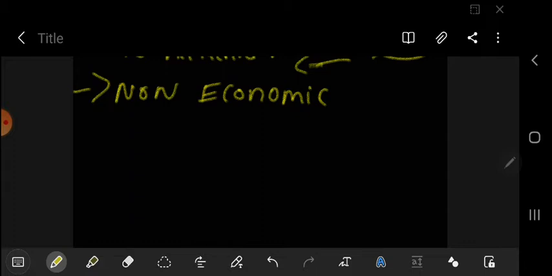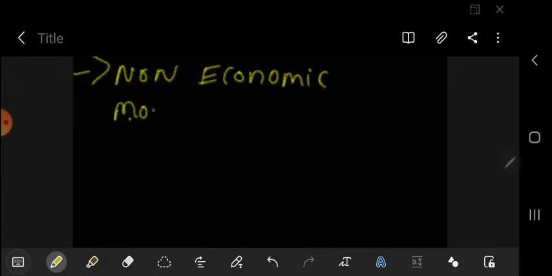Okay, here there will be no medium of exchange of money. We will not see money here as a medium of exchange. Okay, we can get a clear example for this.